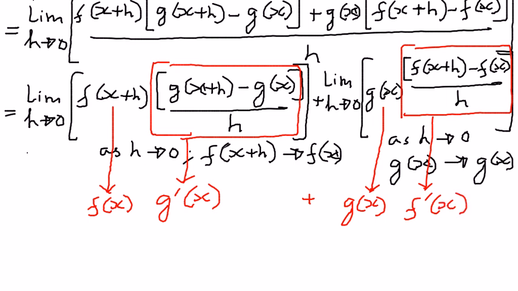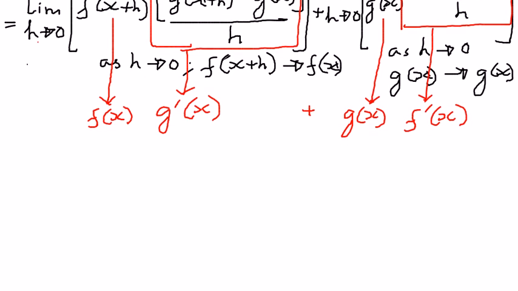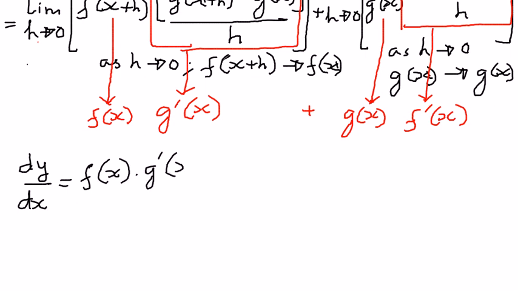So therefore, we can come back and write this out as follows. dy by dx is going to be equal to the first function, which is f of x, times the derivative of the second function plus the second function, g of x, times the derivative of the first function.